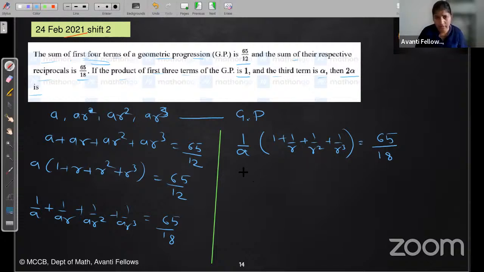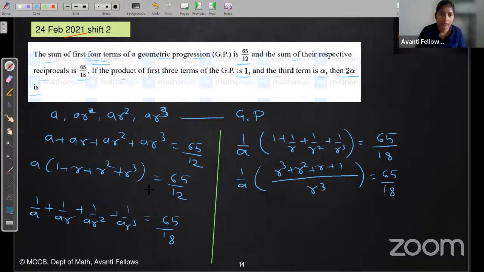Now take the LCM of this. The LCM will be R cube. So here you will get R cube plus R square plus R plus 1 over R cube, is equal to 65 by 18. We already know the value of 1 plus R plus R square plus R cube.